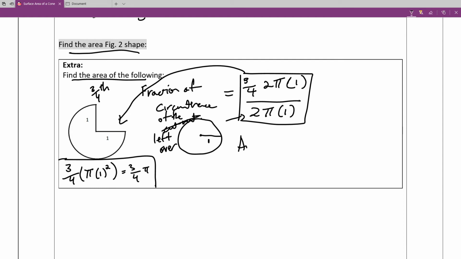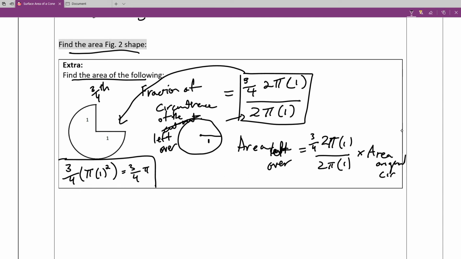So the area of this cutout figure, the cut leftover, the area of the leftover figure is going to be the fraction, which is 3/4 times 2 pi r, which is 1, over 2 pi r, which is 1, times the area of the original circle. And the area of the original circle is pi r squared.